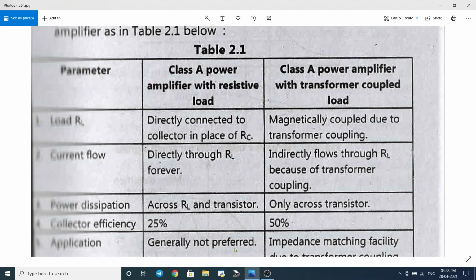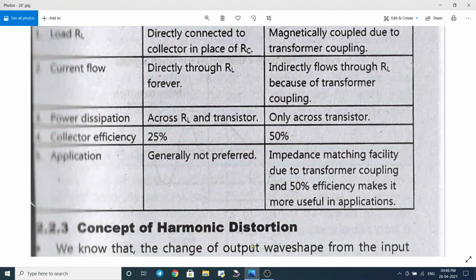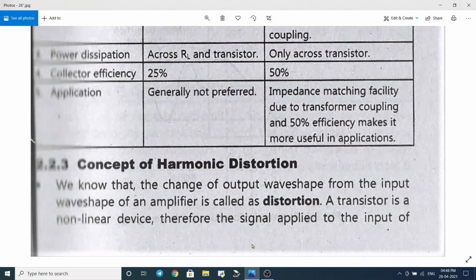So these are the important points. Application is one more point. This type is not generally preferred and this type is useful in many applications for power amplifier circuit.